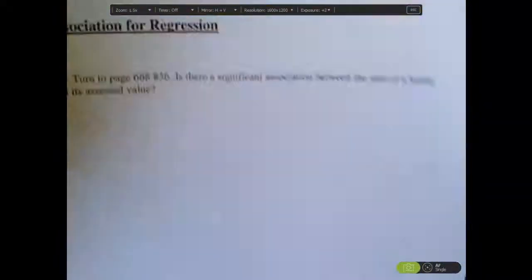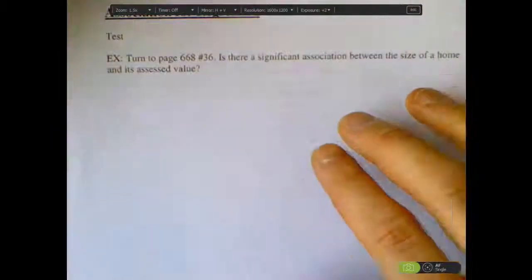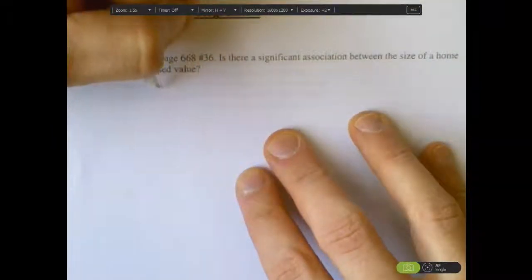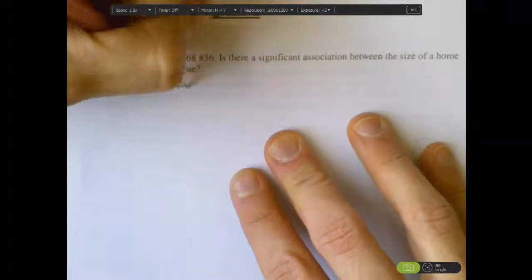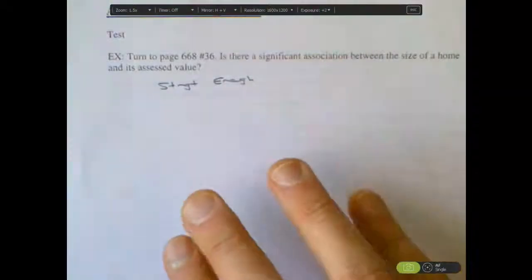Okay, let's look at the last inference for quantitative data. If we're talking about having two variables, and this is what we finished the year with, we're going to talk about a slope regression t-test and slope regression t-interval, and I'm just going to go through the conditions here. You have your straight enough, and this is where you want to talk about the scatter plot being straight enough.